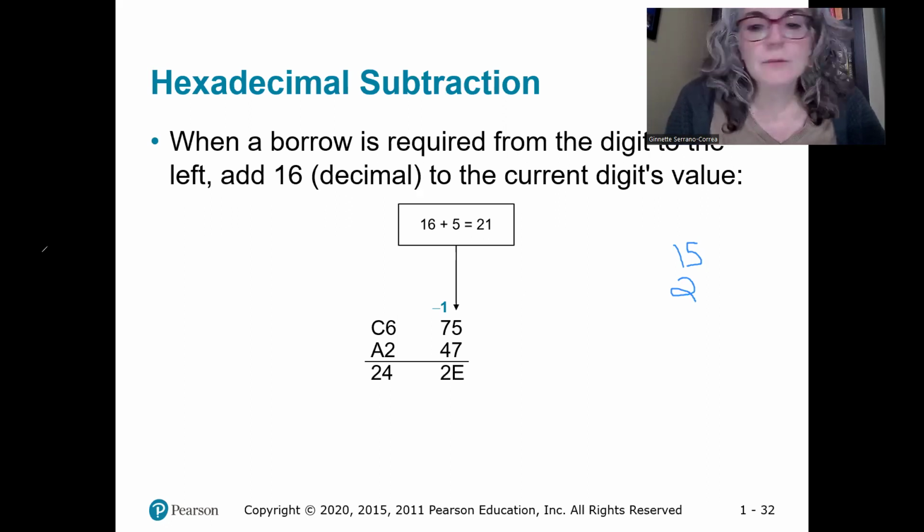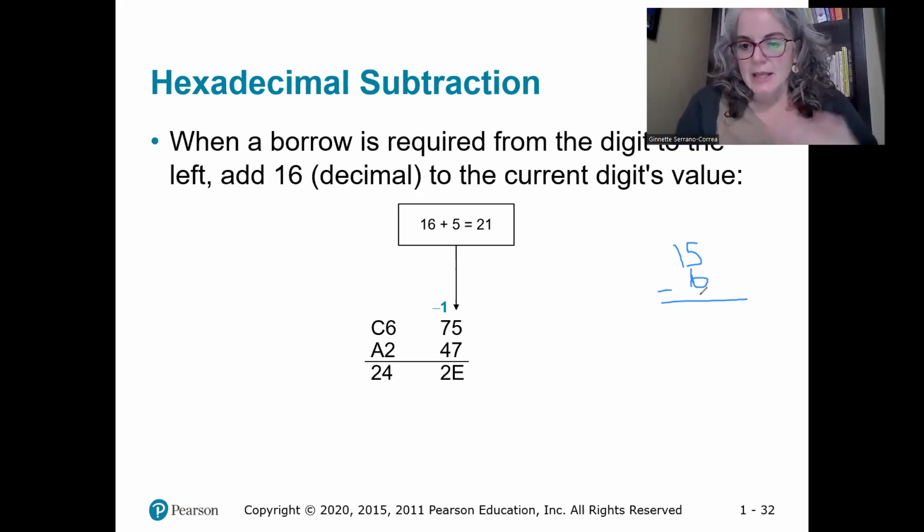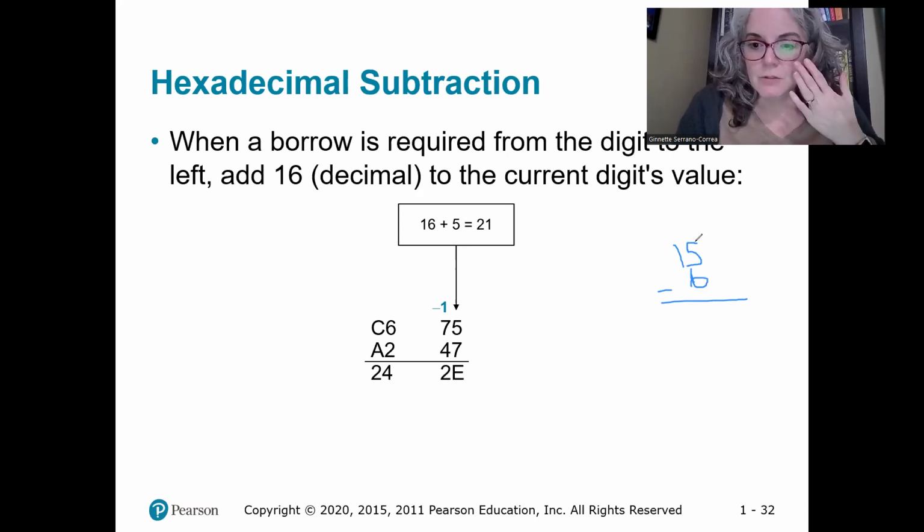Wait, erase it. Okay, so I'll put a bigger number here. I'll put a 6 there. 15 minus 6, okay? So I'm saying take 6 away from 5, right? 5 minus 6 means take 6 away from 5. Well, you cannot take 6 away from 5. 5 is smaller. So you're going to borrow this 1 here.